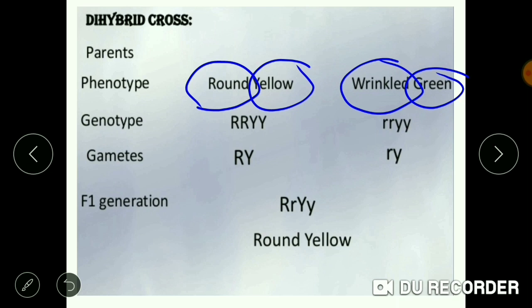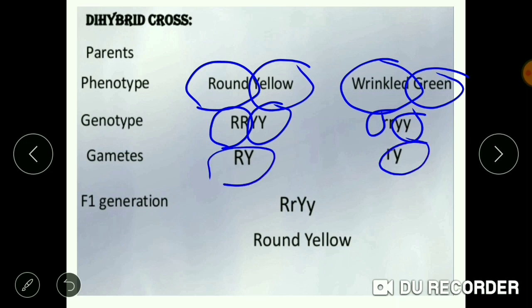The round character is represented by capital R, yellow is represented by capital Y, wrinkled is represented by small r, and green is represented by small y. Now they have removed the gametes from both of them and performed the crossing.